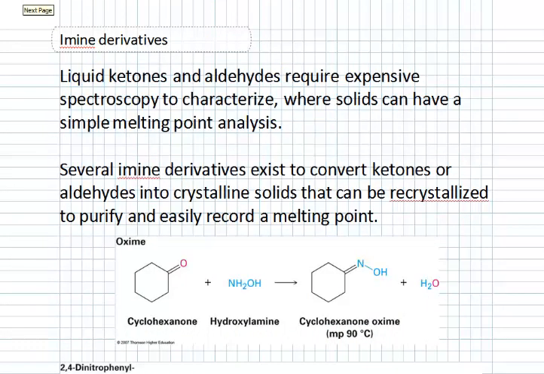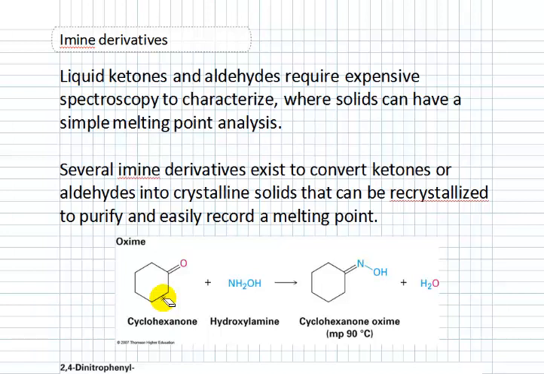So why on earth would we want to form one of these nitrogen compounds, an imine or an enamine? A lot of it is kind of old chemistry, towards the beginning of the last century. It's not nearly as modern, but it's still very useful in that if I have a product that's a ketone or an aldehyde, most of them are liquids, and there are no cheap, easy ways of definitively characterizing a liquid compound.